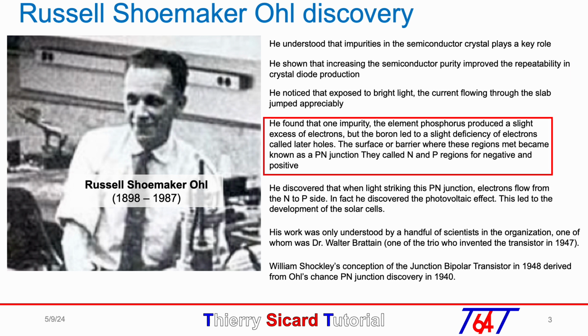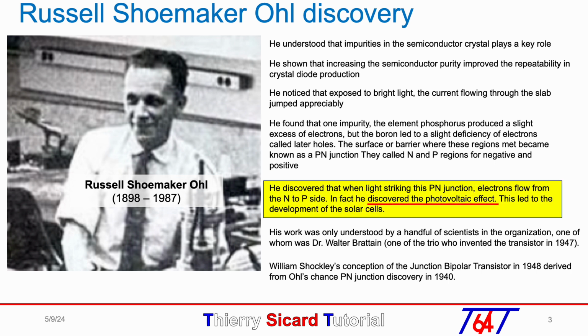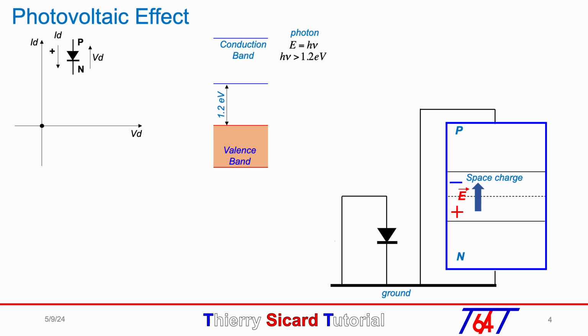Then, during experiments on a p-n junction, he discovered that when light strikes the p-n junction, electrons flow from the N to the P side. I represented the conduction and valence band for an intrinsic silicon with zero electron-hole pairs.